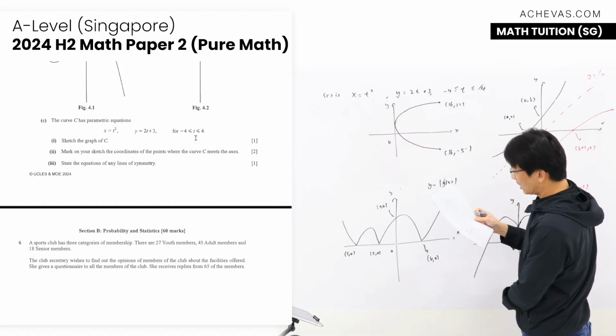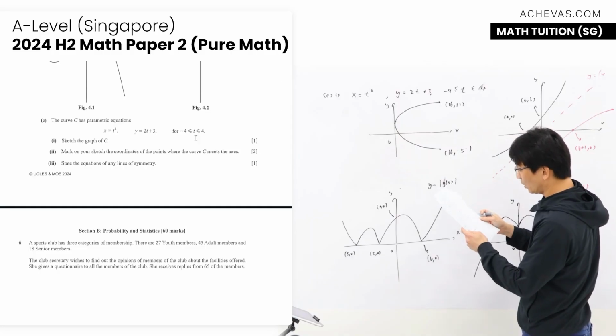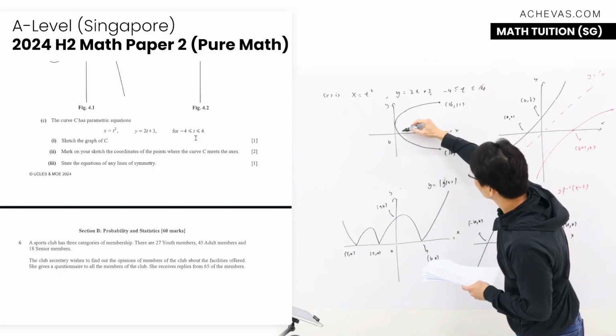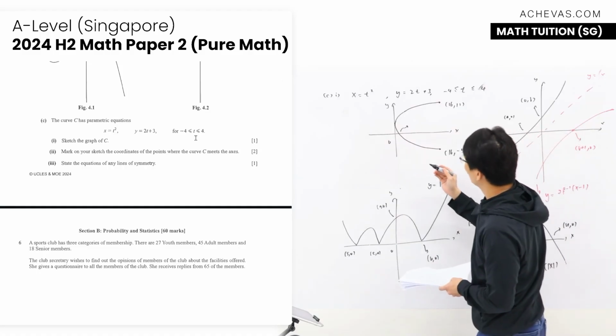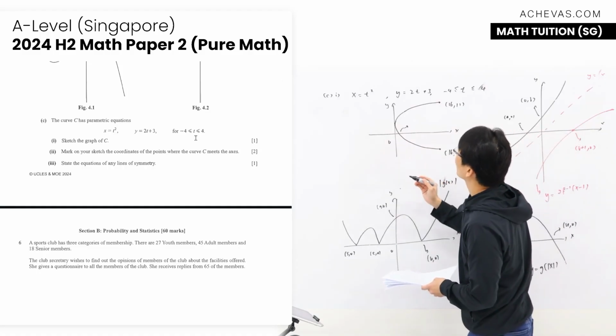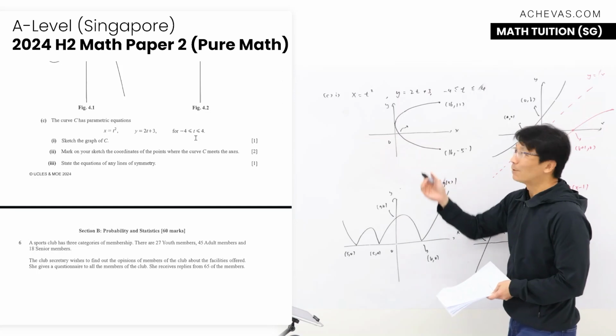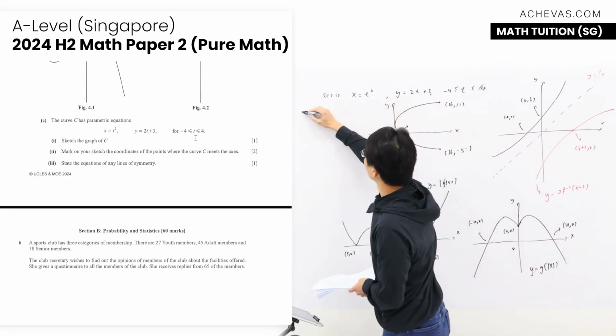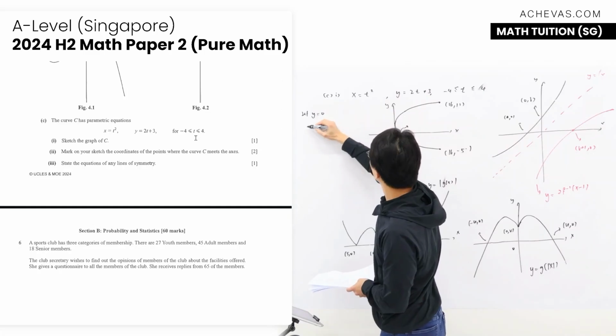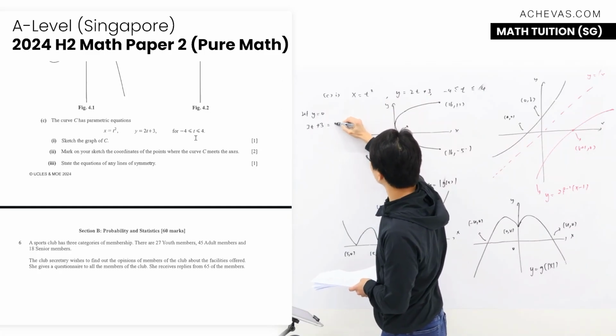Okay, and if we want to find out what this point here is, I think we got to solve it manually. For finding the x-intercept, basically I'm just setting my y to be 0 to find the t. After that, we will sub back here. So I'll just let y be 0, 2t plus 3 equal to 0.